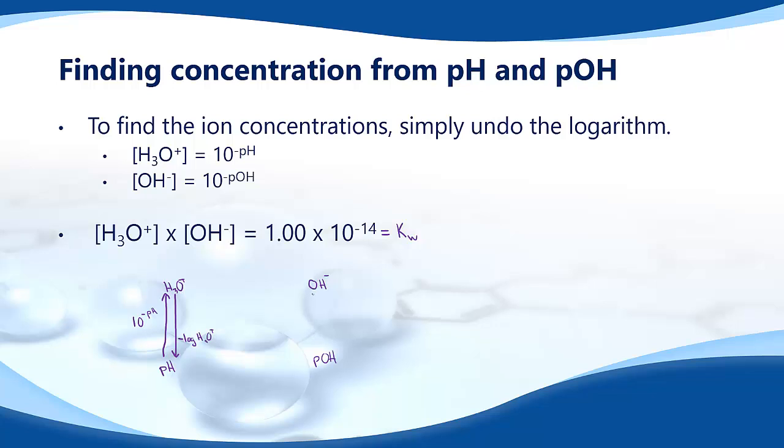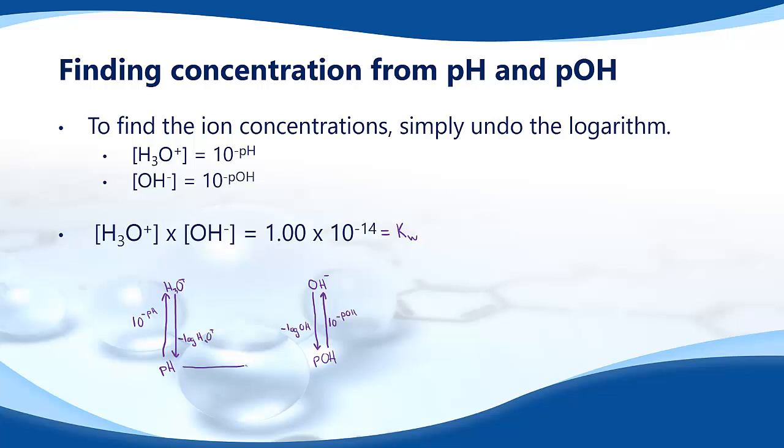Similarly, I can go from OH- to pOH by doing negative log of hydroxide, or go from pOH to hydroxide concentration by doing my inverse log, so 10 to the minus pOH.